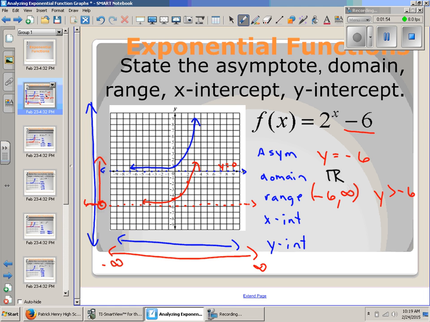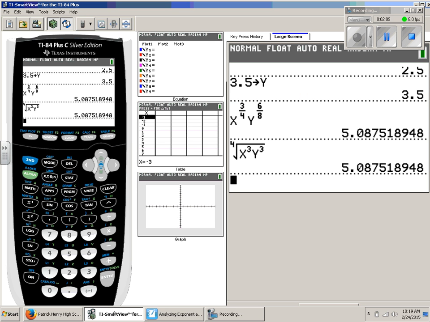Okay, y-intercept, that one looks really easy. It's (0, -5). It appears that my x-intercept is not very easy here. So let's go to our calculator.